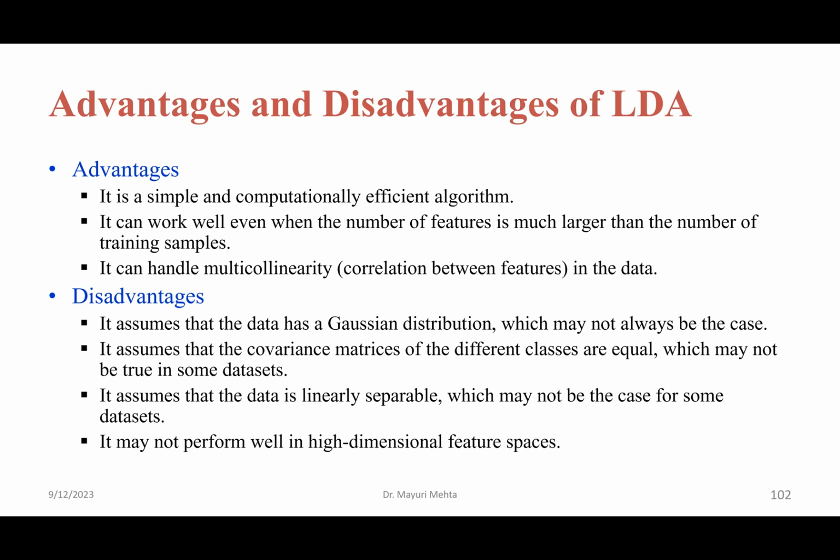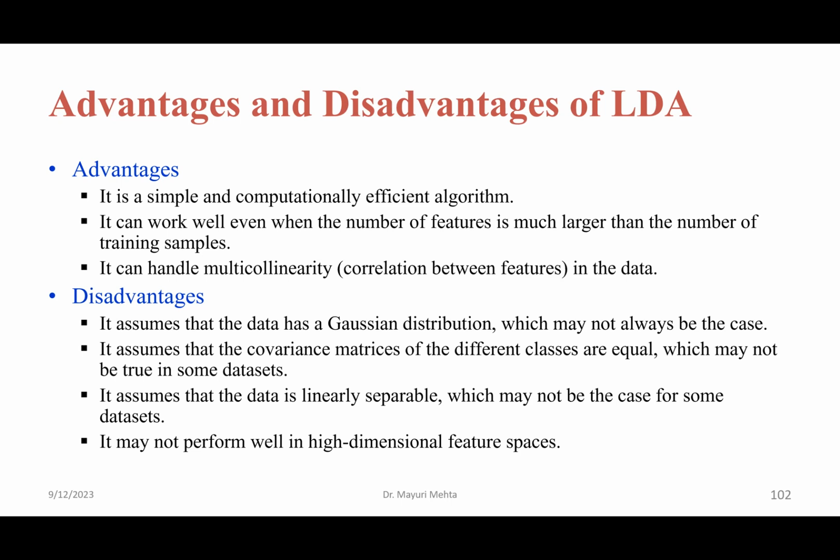But everything comes with pros and cons. So here are the disadvantages of LDA. It assumes that data has a Gaussian distribution, which may not always be the case. There are different distributions; this topic you usually learn in a data science or machine learning subject, which covers the different types of data distributions.